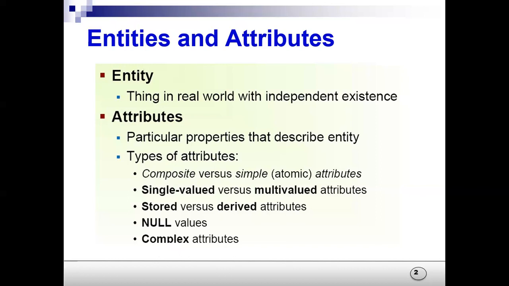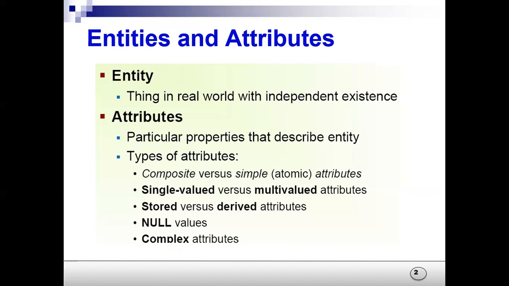For student, several properties can be there, like the roll number, the student name, the student course. Similarly, for an employee, the employee ID, employee name, the department he works in, phone number, qualification, years of experience, date of joining. So these are the properties they possess.